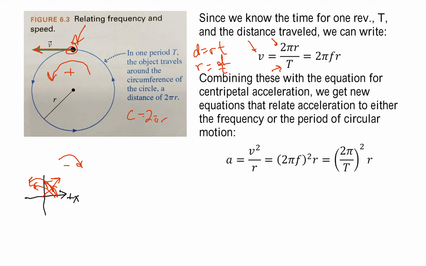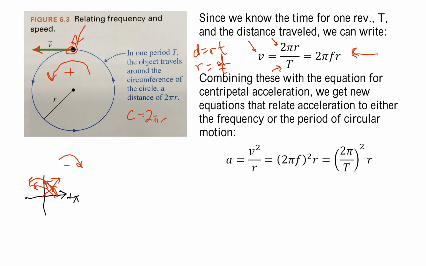So that's where these two formulas here come from. So in this line right here, we have two formulas that we can use to find velocity. We have v equals 2 pi r over the period, if we knew the period, and we also have v equals 2 pi frequency times the radius, if we knew the frequency, okay? So now we have two ways to calculate the velocity.